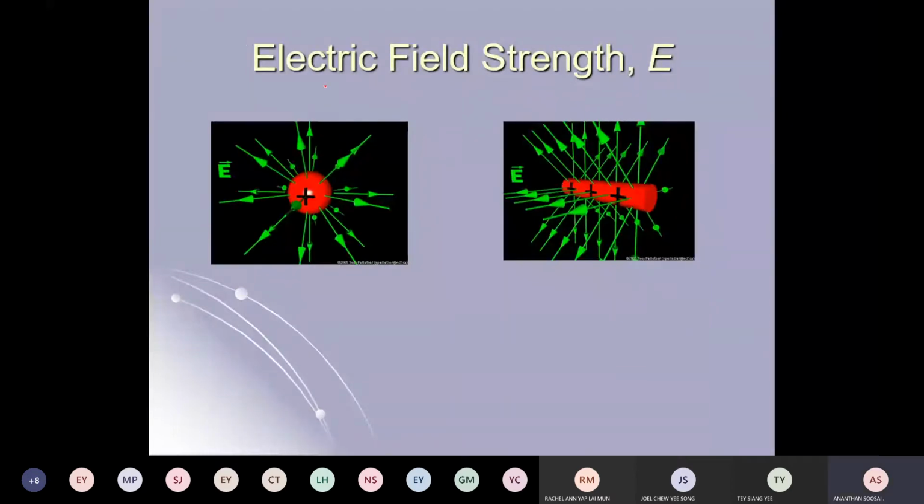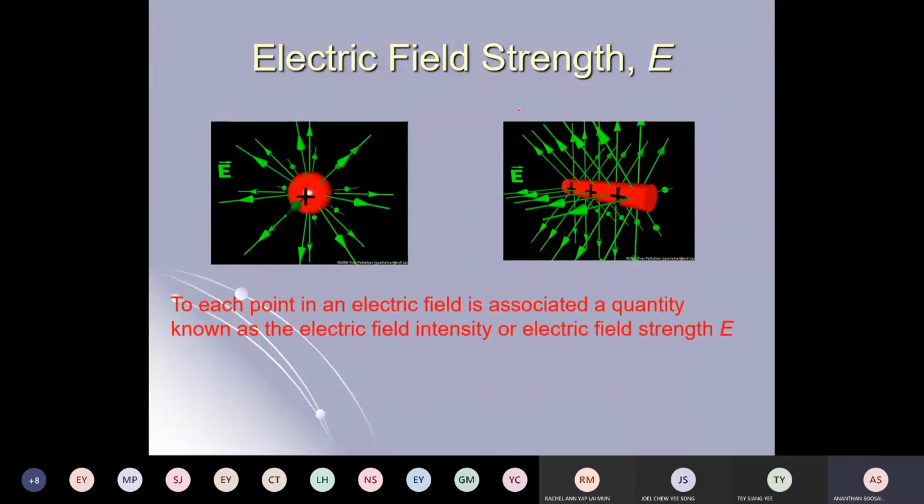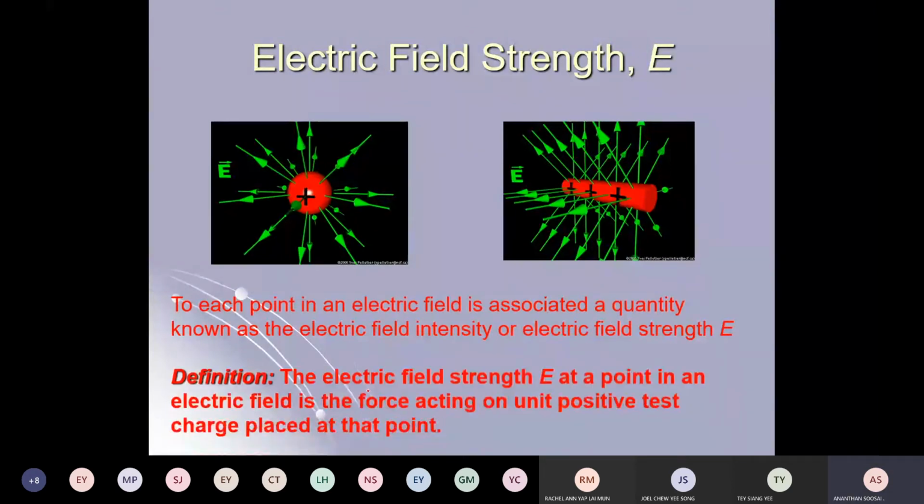Recall back electric field strength from your AS. What is electric field strength? It is also known as electric field intensity. Electric field strength is defined as the force acting on a unit positive test charge placed at that point. The same definition as your AS.